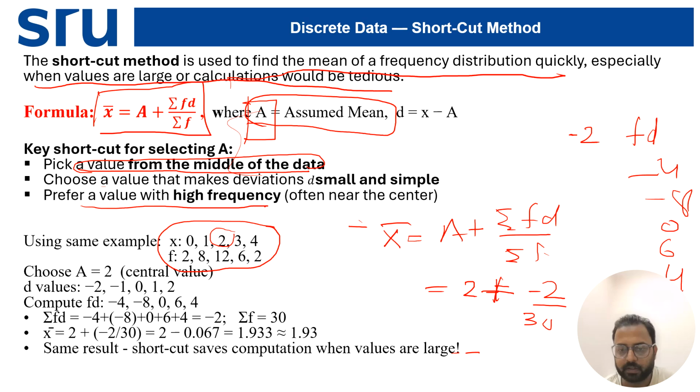By simplifying we get 1.93, the same result as we obtained previously.